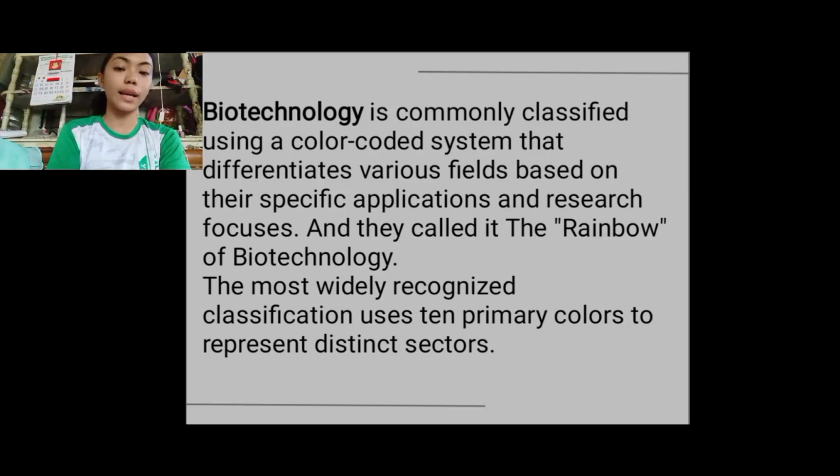Biotechnology is commonly classified using a color-coded system that differentiates various fields based on their specific applications and research focuses. And they call it the rainbow of biotechnology. The most widely recognized classification uses 10 primary colors to represent distinct sectors.